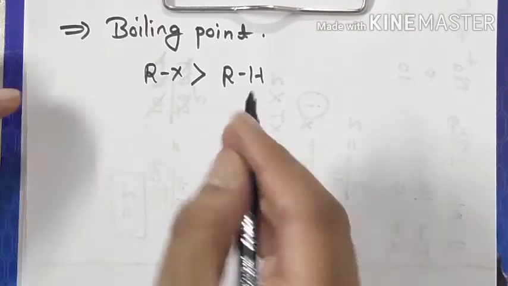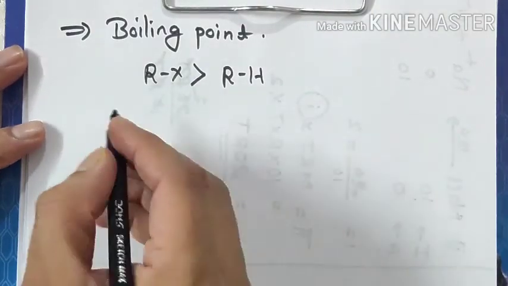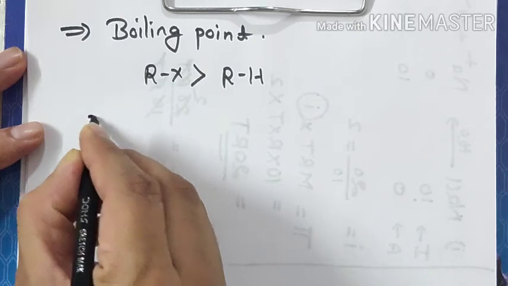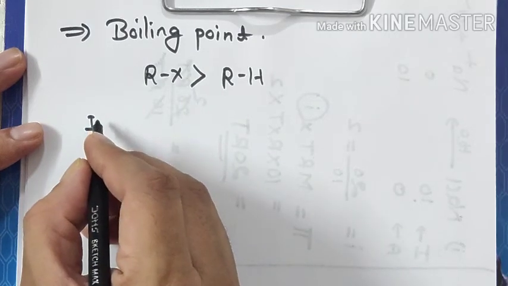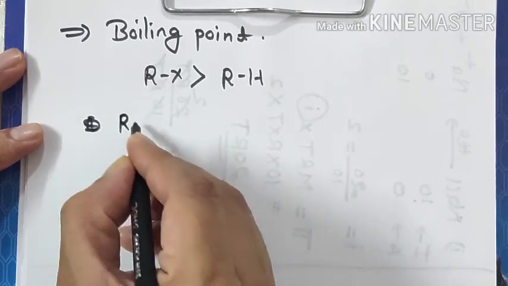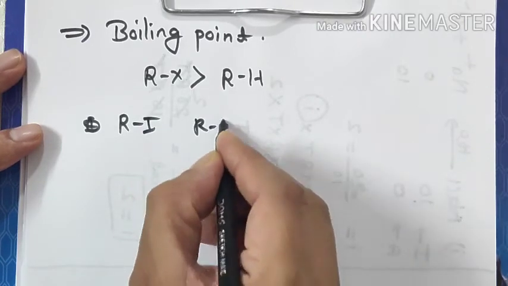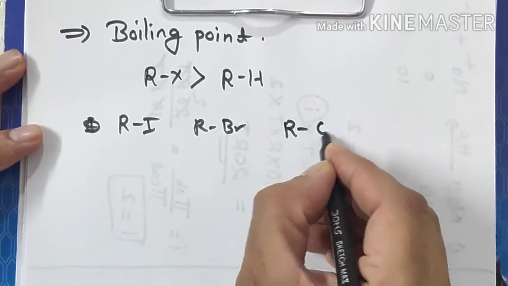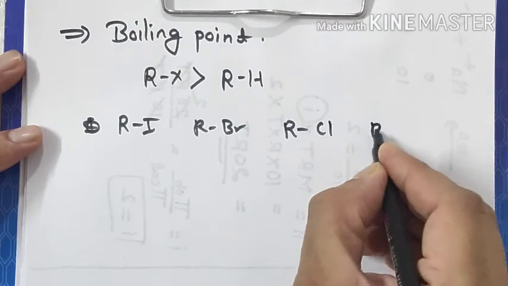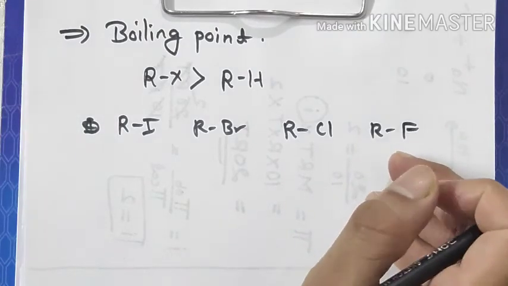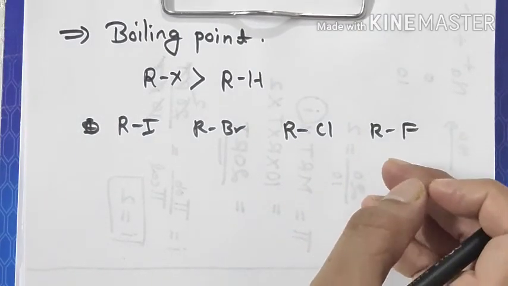Now, suppose I take alkyl halides RI, RBr, RCl, RF. Which will have the highest boiling point?